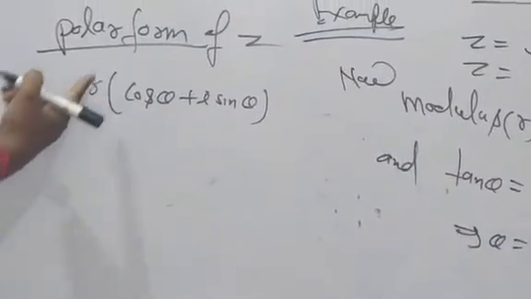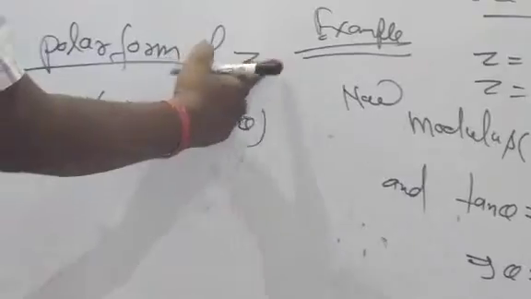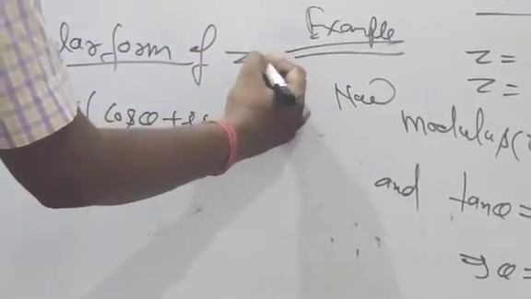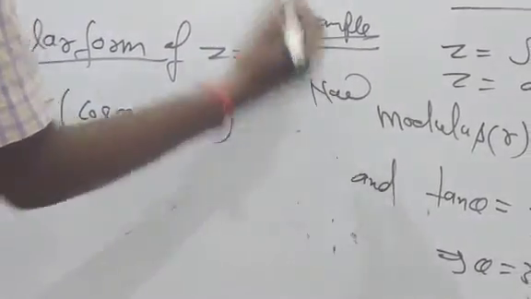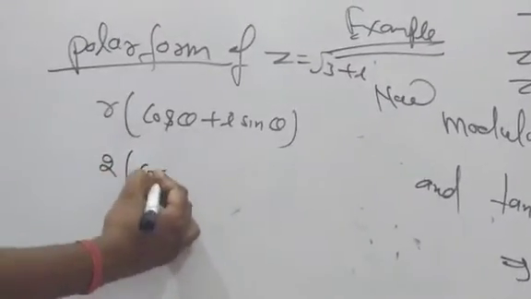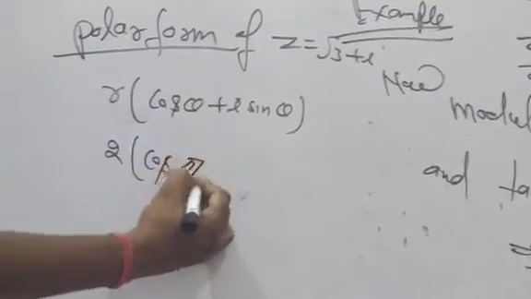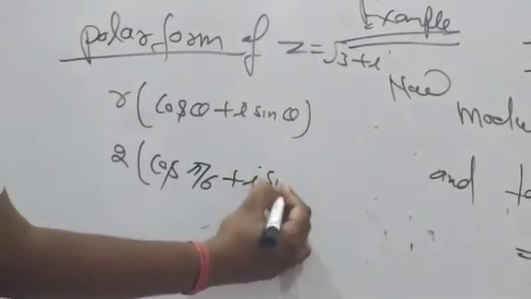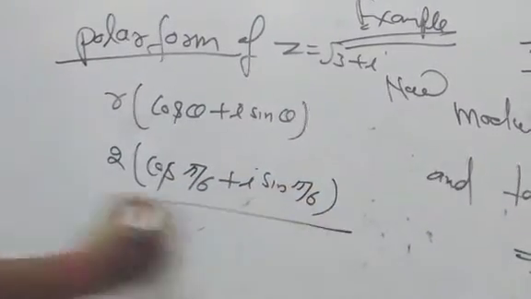Now write the polar form of z: z is equal to under root 3 plus i is 2 times cos pi by 6 plus i sin pi by 6.